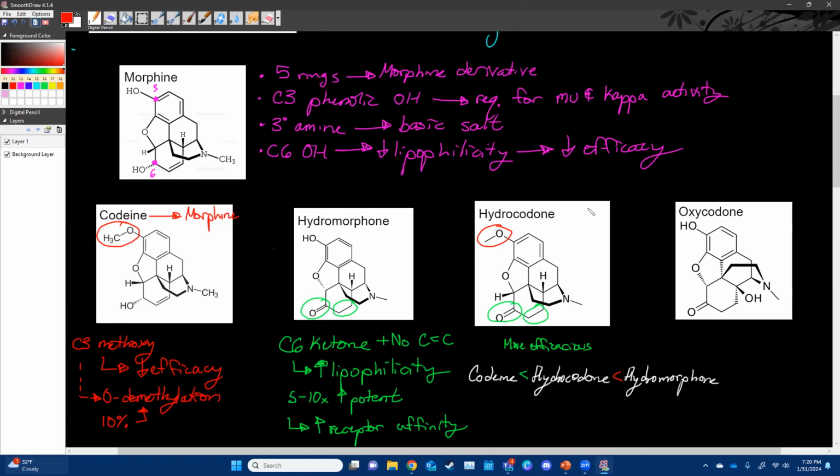So this would have to go through metabolism, but only 10% of it is being metabolized correctly. Good, good. I'm glad.